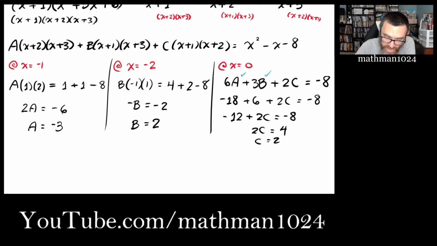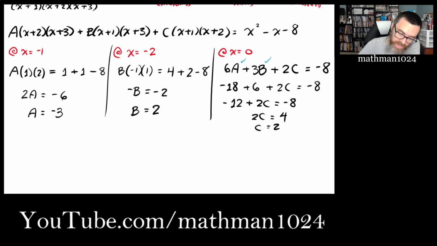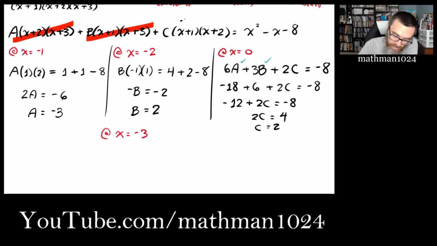You know what? Let's just double check that to make sure, right? I always like to double check because, man, at my age, I keep doing bad stuff. So if x is negative 3, gone, what do we have here? So we have negative 3 and negative 3, so that's going to be C times negative 2 times negative 1.